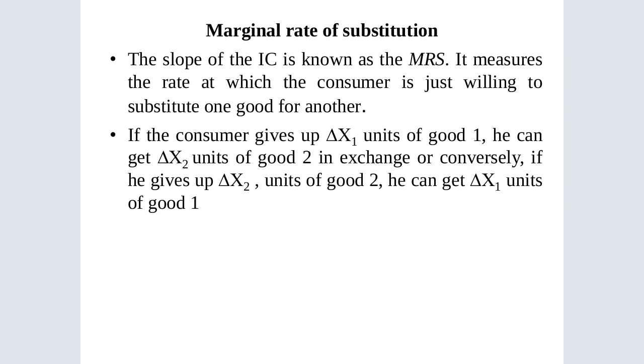So if the consumer is consuming two goods, that is X1 and X2, and the consumer gives up certain units of X1 in order to obtain more units of X2, or the consumer can also give up some units of X2 in order to get more units of X1.